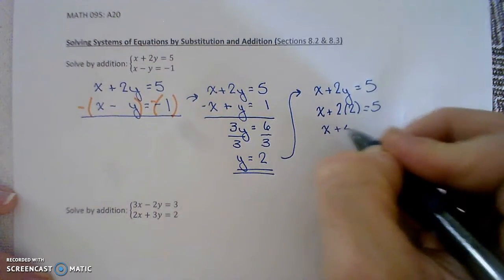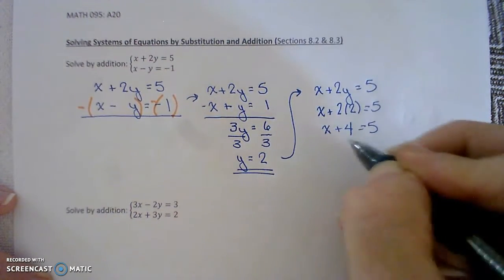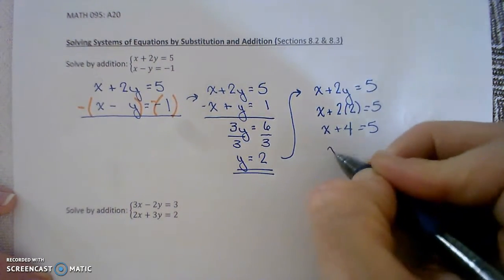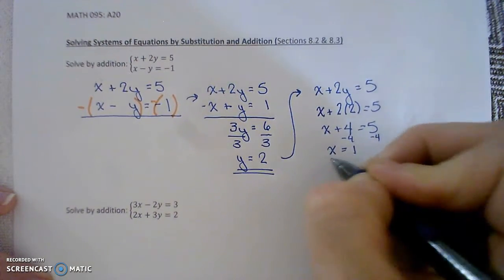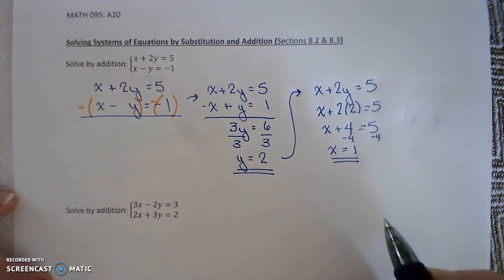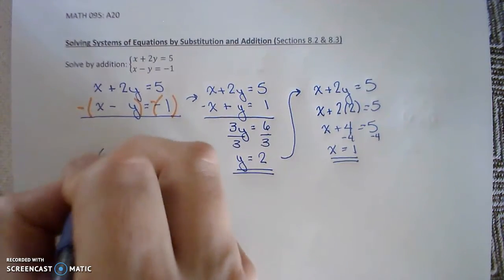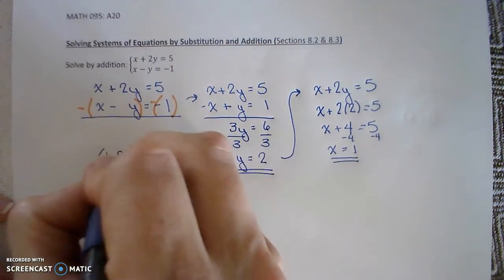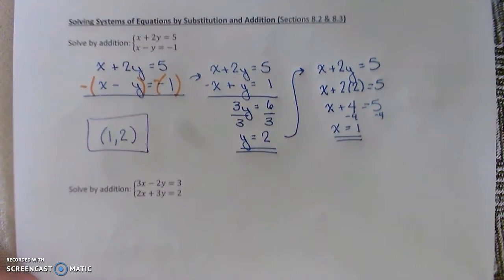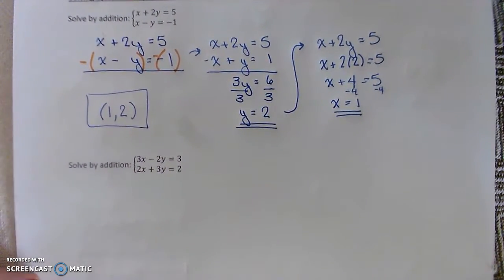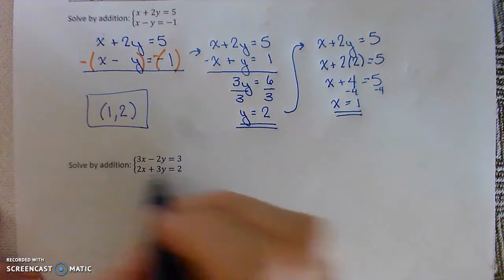That's x plus 4. And then if I subtract 4 from both sides, I get x equals 1. So now I have my solution. The x coordinate is 1, the y coordinate is 2, and there's my ordered pair that's a solution to this system. Let's look at another example that requires just a little bit more work.